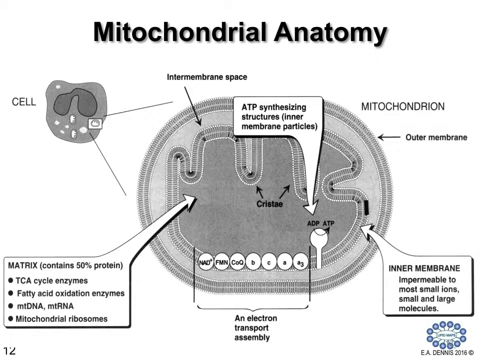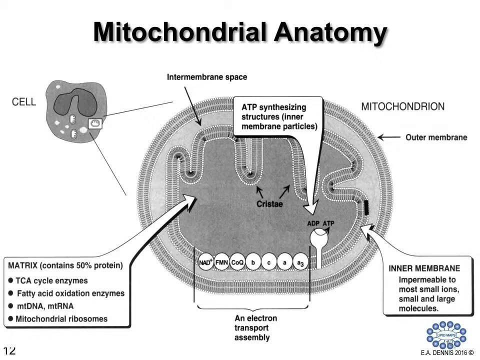There is an inner mitochondrial membrane surrounding the matrix, and this is impermeable to most small ions, as well as all sizes of regular chemical molecules. There's an intermembrane space outside of the inner mitochondrial membrane, but inside of the outer membrane. The outer membrane is more permeable to ions than the inner mitochondrial membrane.